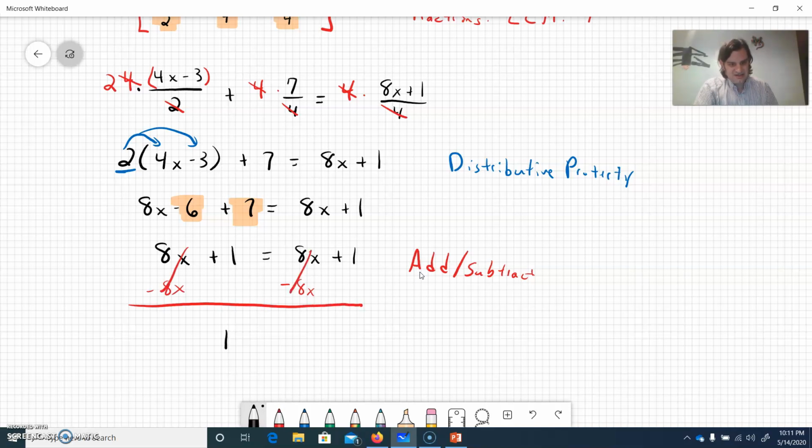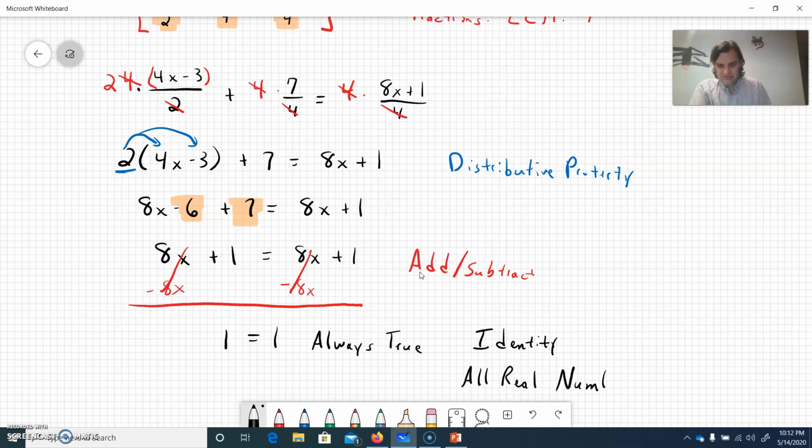That brings us down to 1 equals 1, which is always true. Which means it is an identity, which we can also list as all real numbers. So that's our solution.